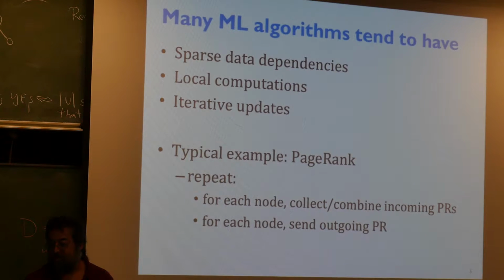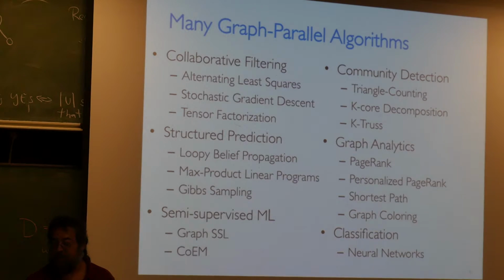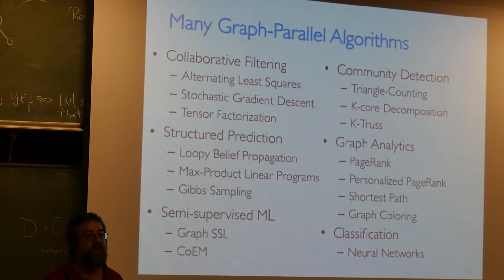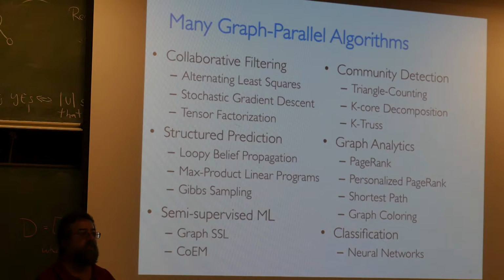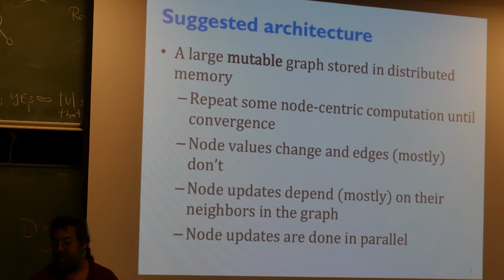An alternative would be to build a system which operates in parallel on graphs. It turns out there are lots of algorithms that you can express relatively conveniently in this sort of graph parallel system. The basic idea in a graph parallel system, and we'll talk about some concrete ones, is that you have a big graph.